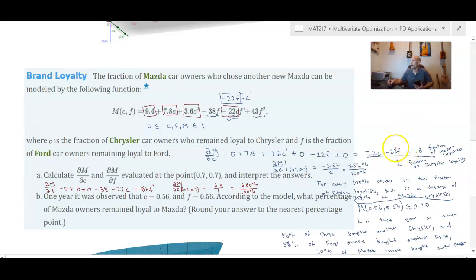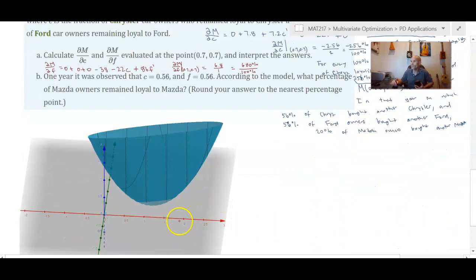Now, let's look at a graph of this, and we can kind of imagine that here is C and here is F over on this axis, and then this is our Mazda axis, this vertical one. So maybe I should say that this is the F axis, the green one.